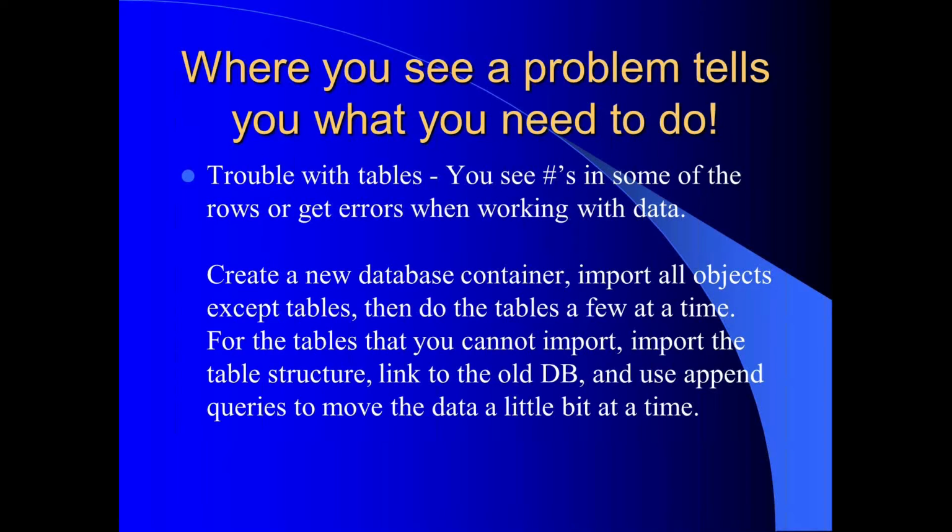For those tables, you can import the structure of the table only and not the data. Once you have a blank template or table in your new database, then you can link to the old DB that's corrupted and use append queries to move the data a little bit at a time. More often than not, it's only a handful of records that are corrupt, and you can pretty much get back the whole table.